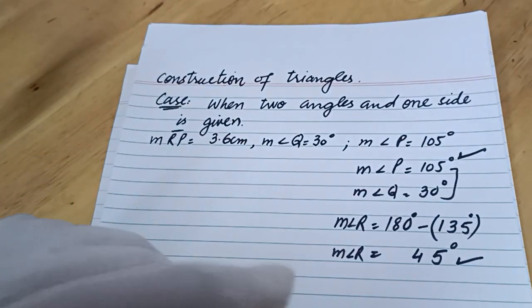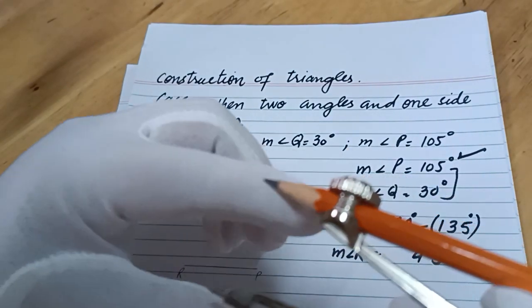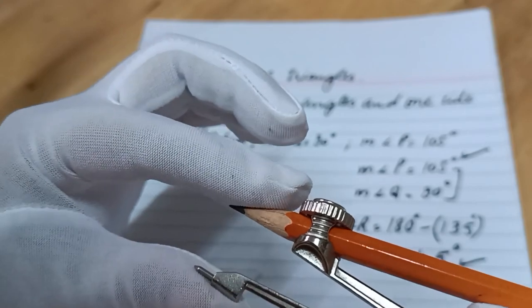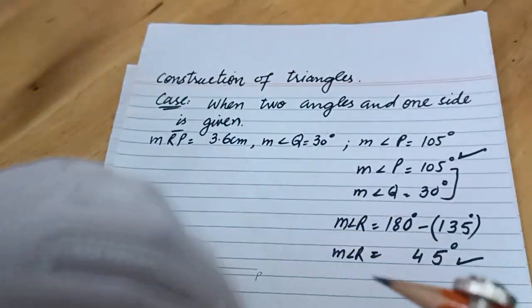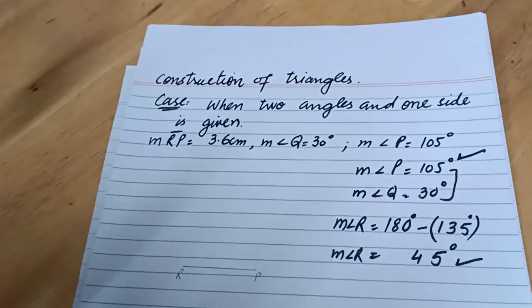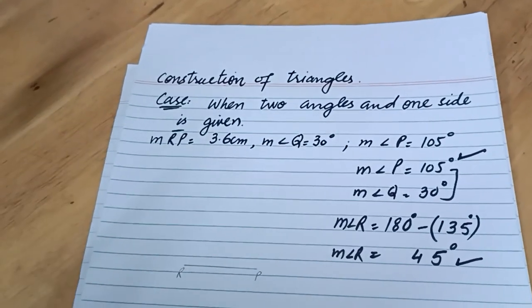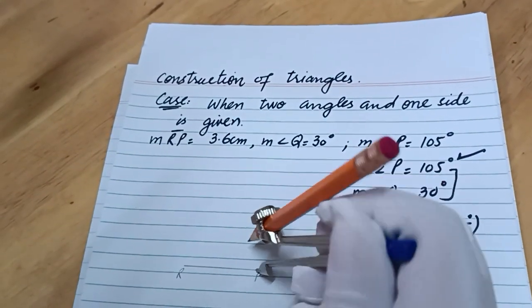So how can we draw this? Open the compass to a suitable measurement, and in this way, on P, rotate your compass, giving you a clear zero point and a clear semicircle.